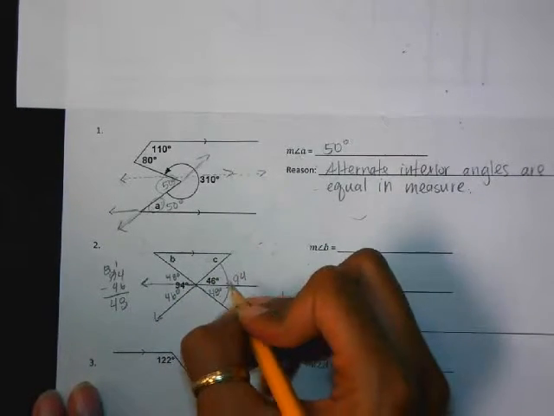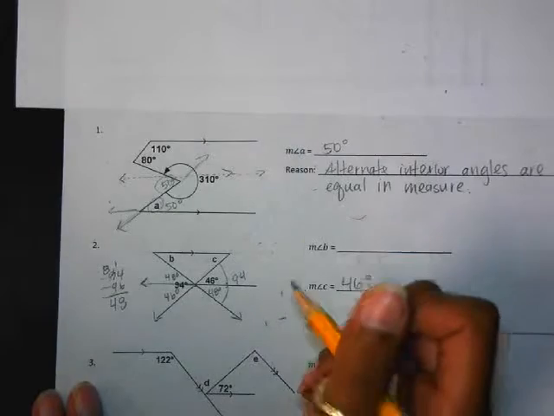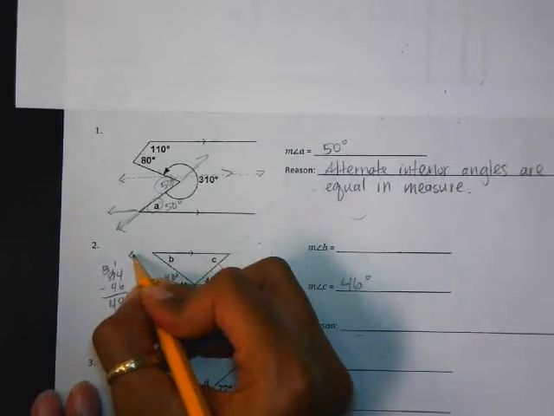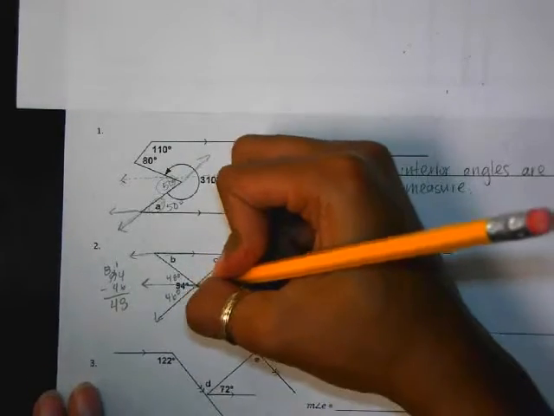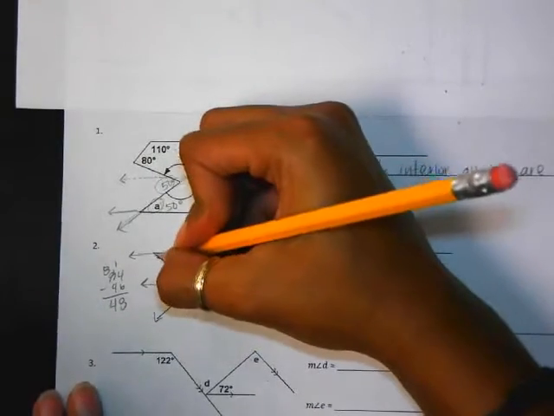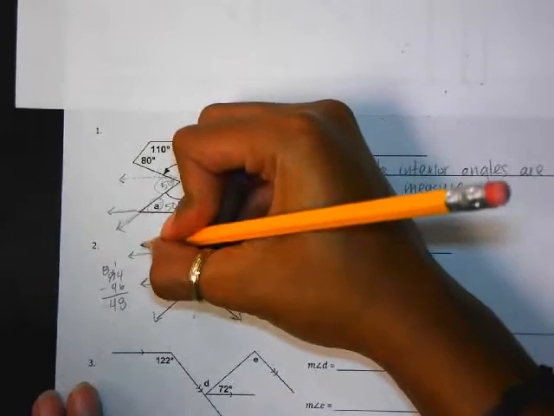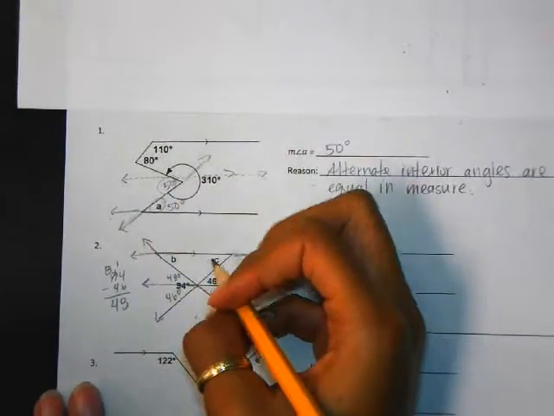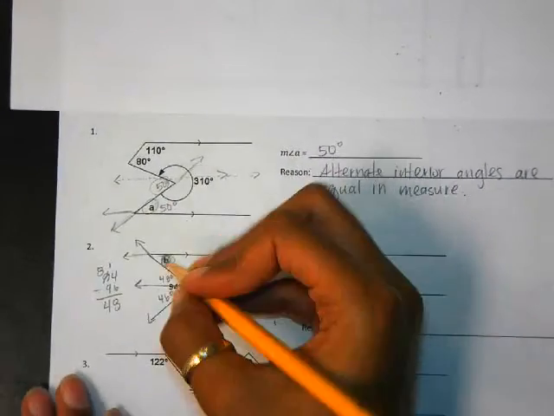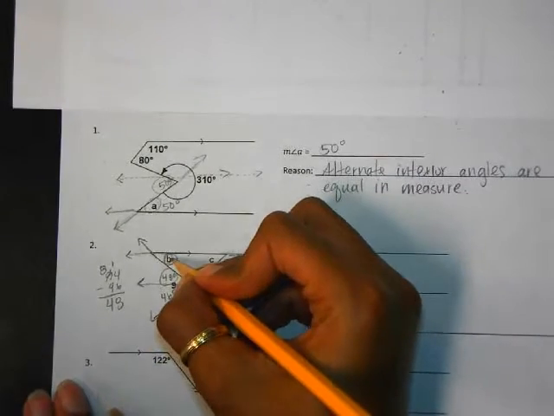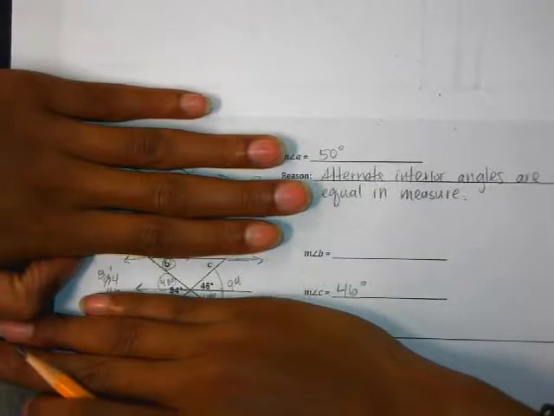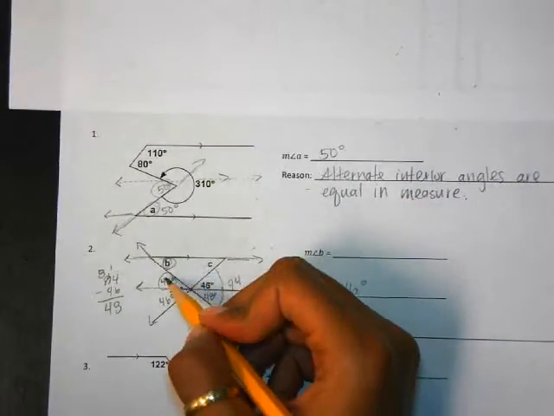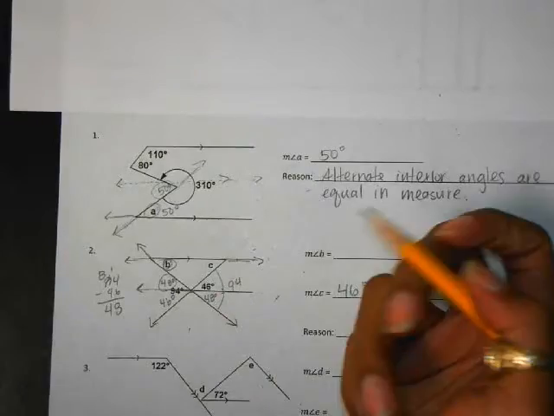So I'm going to extend this top parallel line again. And now we're going to use this line over here, this side of the triangle, as our transversal. Now, noticing that 48 and angle B are both on the interior or inside of my parallel lines, and they are on alternate sides of my transversal, they must be congruent. So angle B is 48 degrees.